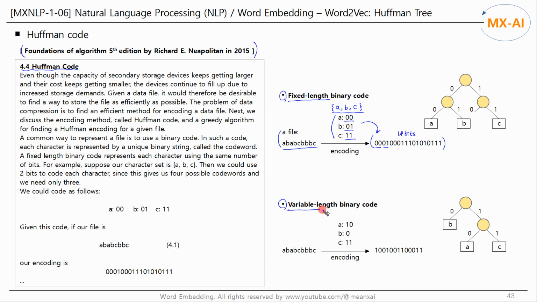The other is a variable-length binary code. We can obtain a more efficient coding using this code. Such a code can represent different characters using different numbers of bits. In this example, we can code one of the characters as 0. Since B appears most frequently in this string, it would be most efficient to code B using this code word.